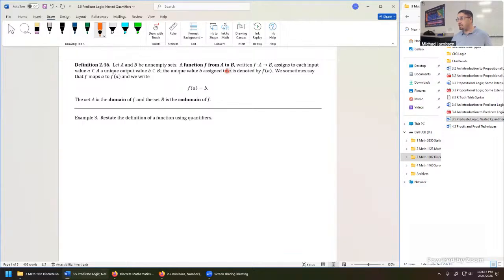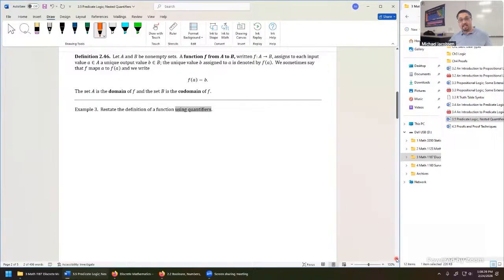It's essentially saying that your function has to pass a vertical line test, thinking geometrically. But if you want to quantify this statement, there's a good amount of work to do on this. So let's work through this carefully, see how it'll go. I want to give two different kinds of solutions, and they're both going to be acceptable. So I'll put up here solution 1. This is going to be the fast expression.